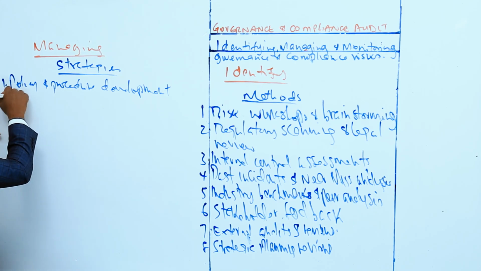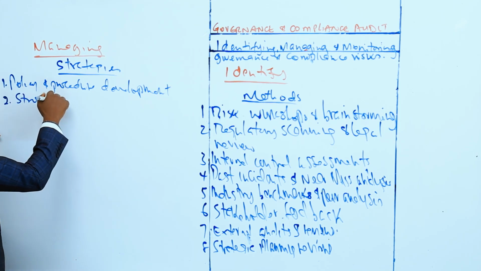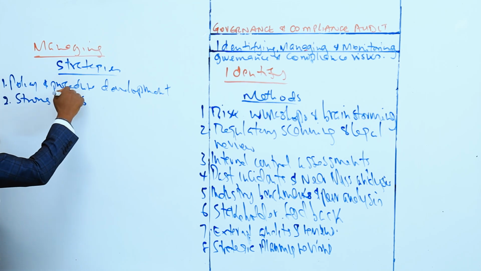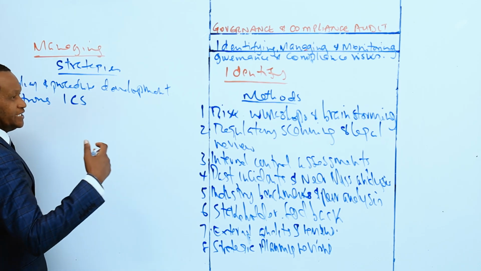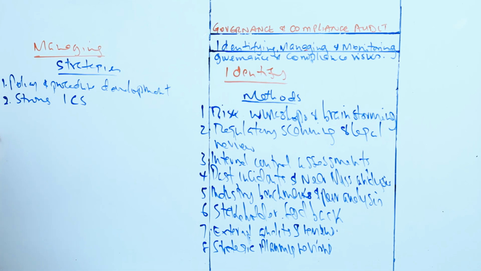Number 2, strong internal control system. Having a strong internal control system is another strategy to manage governance and compliance risks. This means implementing robust prevention and detection controls to mitigate identified risks.